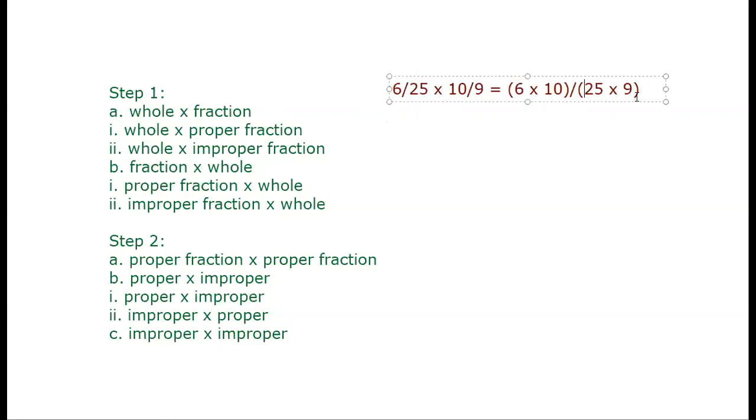Now obviously you want to reduce this. You want to cancel out the 6 and 9 by 3. Let me see if I can write it in a better way. So we end up getting 6 times 10 by 25 times 9.